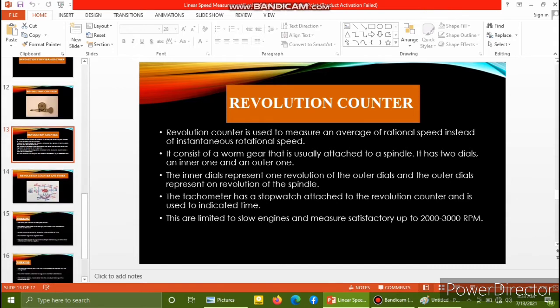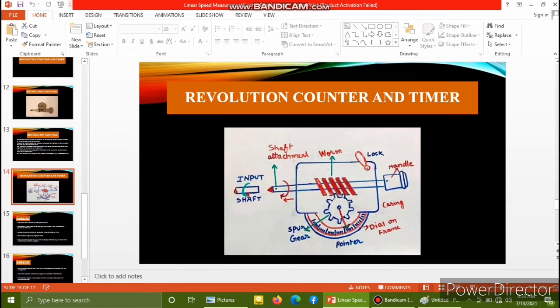So here are the parts of the tachometer: we have the handle, the lock, the worm gear, and the shaft attachment. This is the shaft attachment, and this is the shaft. We insert the shaft here so that its revolutions can be computed.